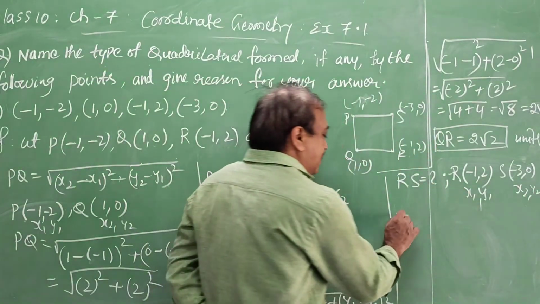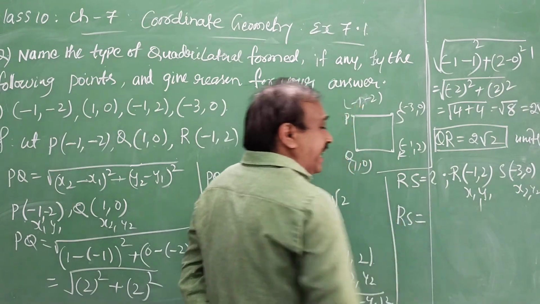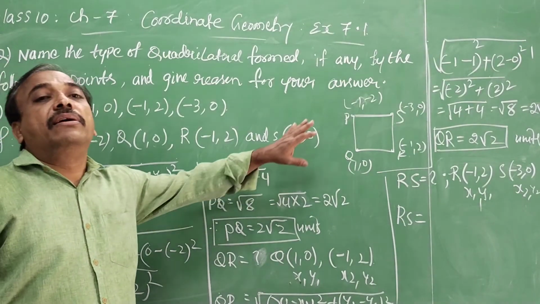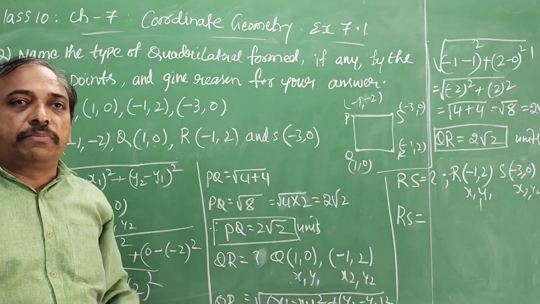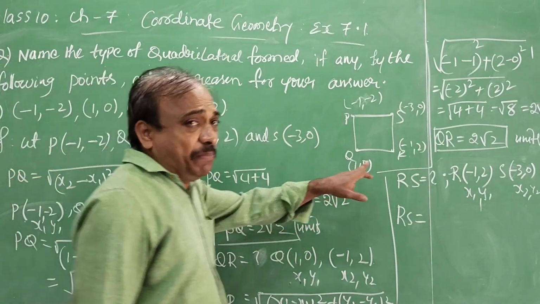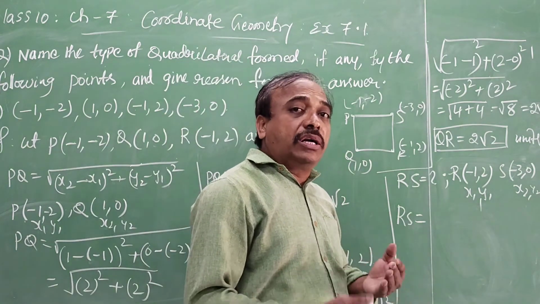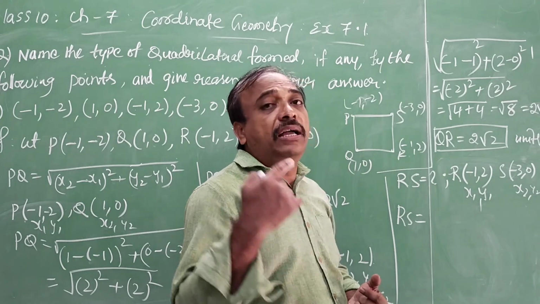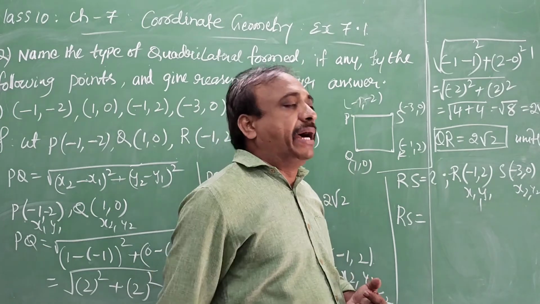So RS distance is equal to, did you observe any change in this? Every time when we are finding, we are habituated to write the formula. Writing the formula every place so that you will remember what to find and what the distance formula is. That also will be there in your mind.